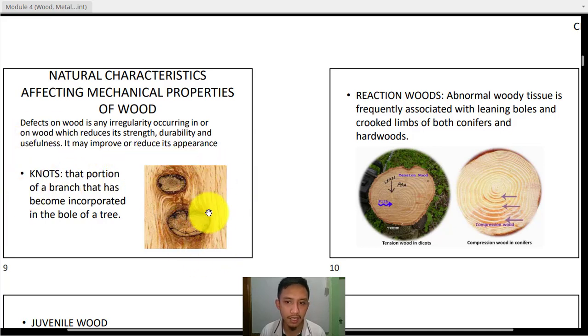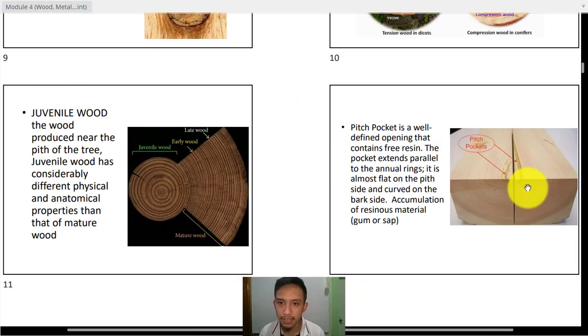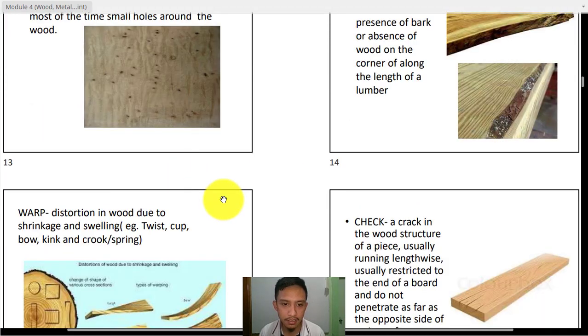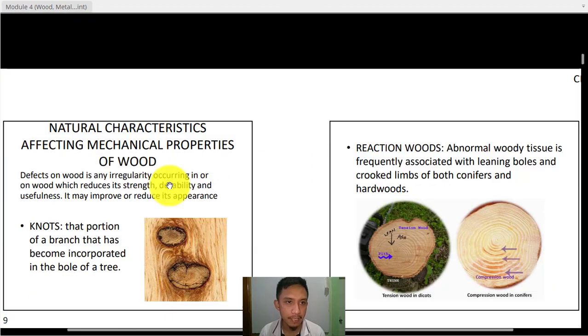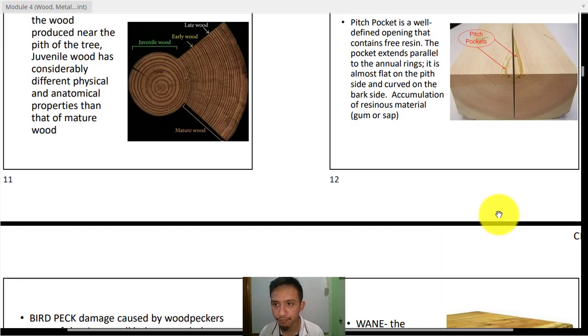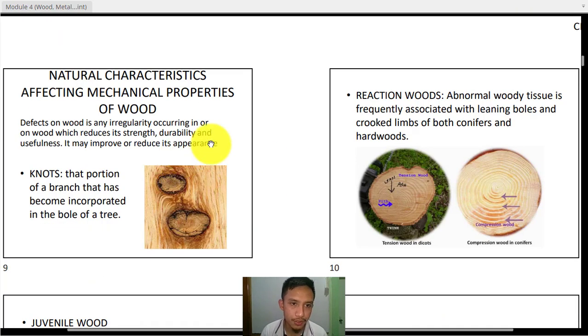We cannot predict the strength because we do not know if there will be a knot within the length that we are trying to cut. Or we have the other types: reaction wood, juvenile wood, the pith, pitch pocket, the bird peck. These are the factors that affect the properties of this wood.